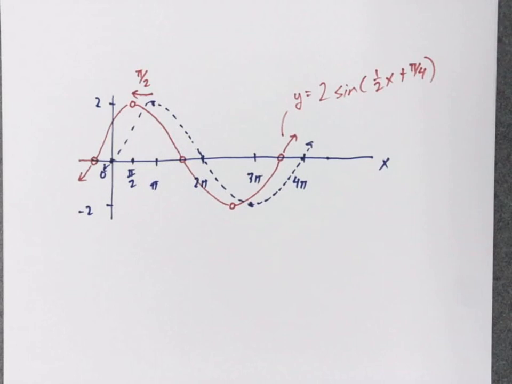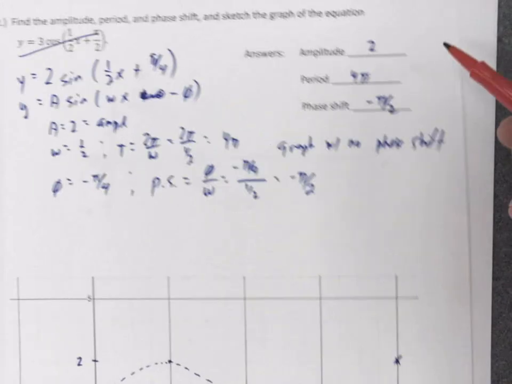I think my pen is running out. So that's how, for me, that's what I think is the easiest way to create the trig graph when you have a phase shift. Just real quick.